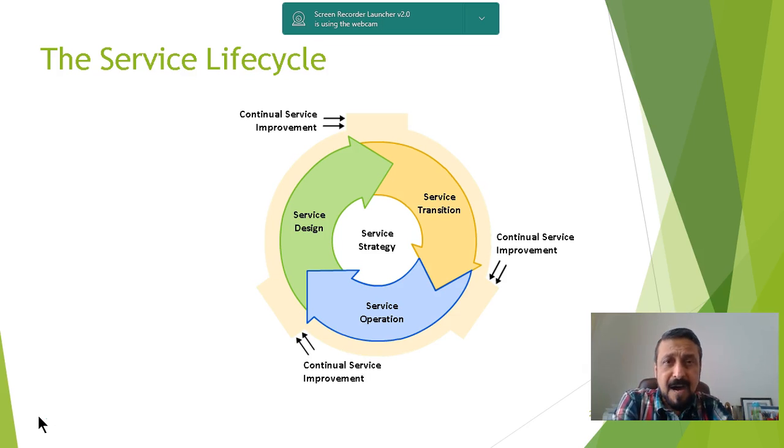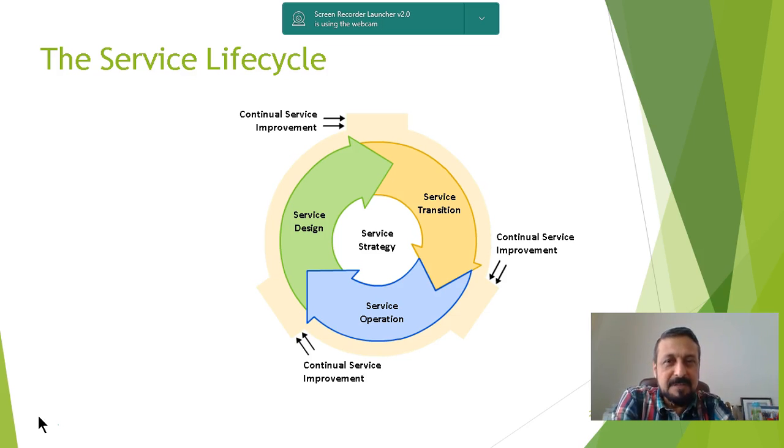All right, so there are 5 life cycle phases in ITIL. It starts with the service strategy phase, and as you can imagine, everything starts with a strategy. And then we get into the service design phase, where we design the service, and then we get into the service transition phase, and in this phase we execute on our design, on our plans.